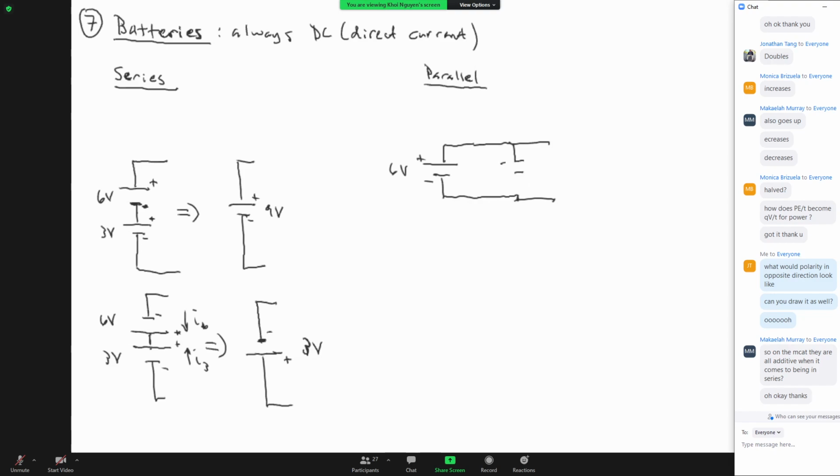So both of these are still going to be equivalent to a 6-volt battery. But what a parallel circuit means is that if you take that current out, the rest of the circuit doesn't die.